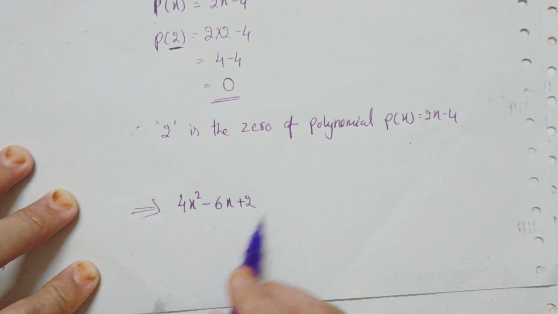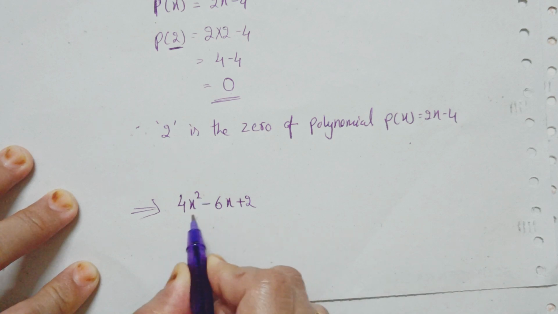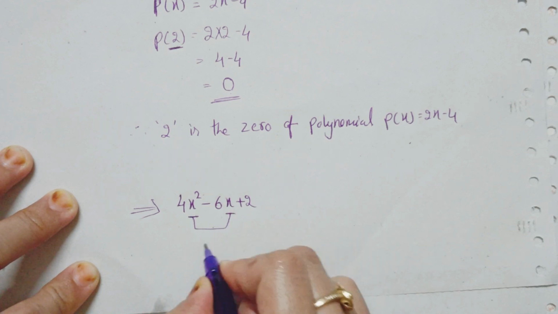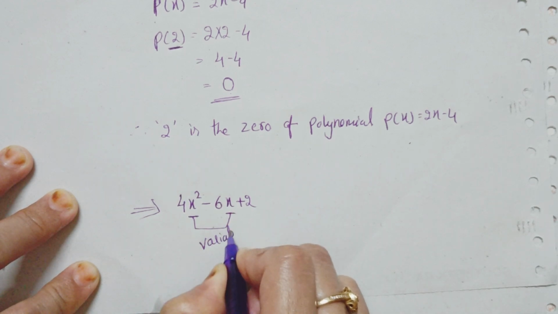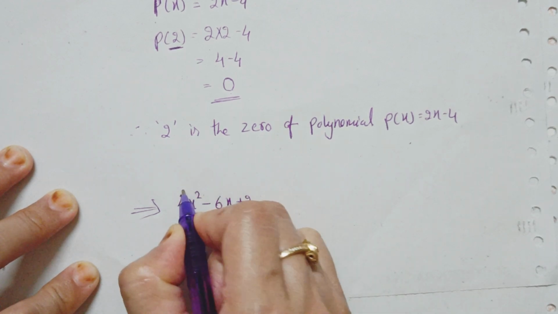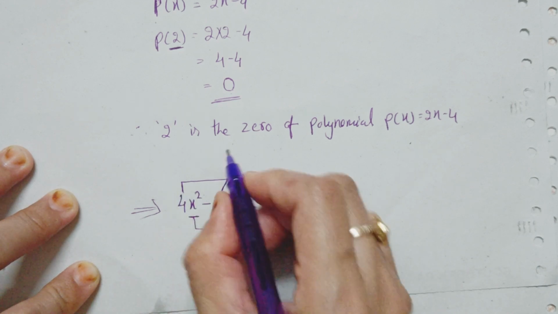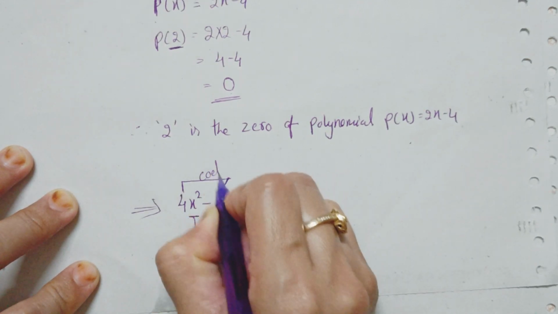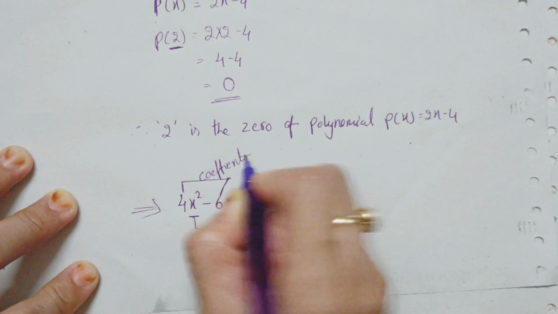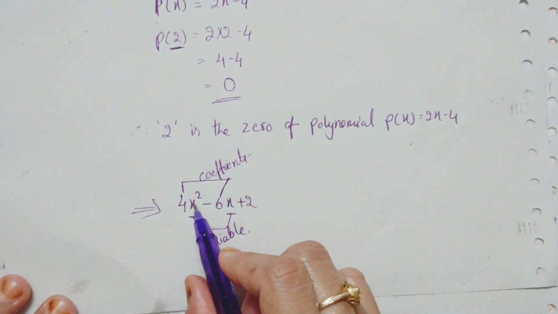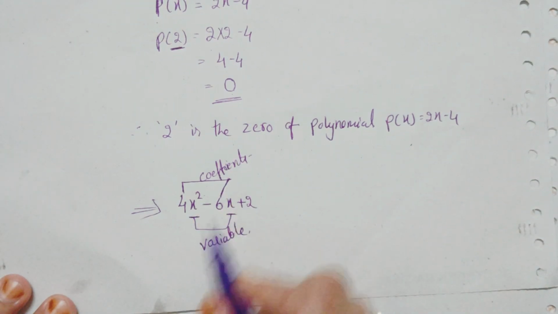Here, if you observe, x square and x, these two we call variables, whereas this 4 and this 6 we call coefficients.